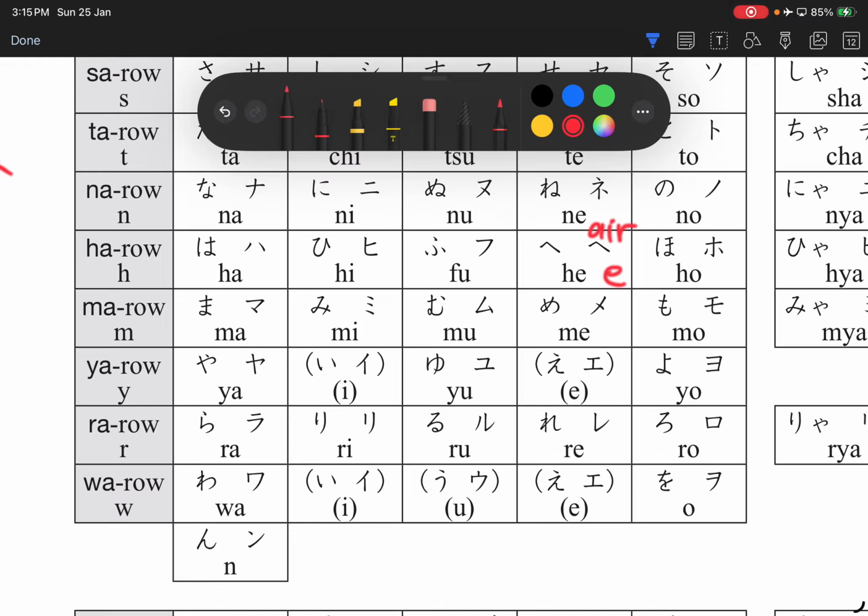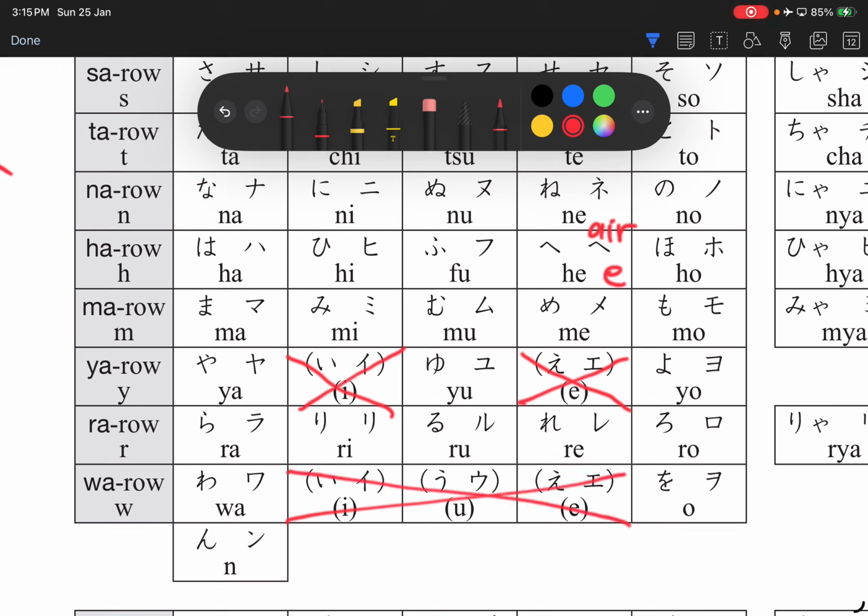Very hard. So we just say it is an i sound, which also means that we don't need to learn this one, because it's already on top. So this is actually nothing. Then the next ones are yu, yo. So there is no yi sound and no ye sound. Of course, at the bottom row we also don't have this one.